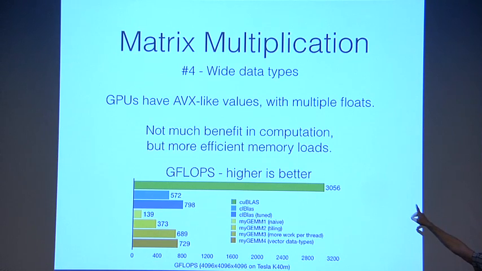It doesn't give a real benefit in computation. They're already launching sort of AVX-like multiplies on the compute because of the way that GPUs work in this SIMD fashion. But it is a little bit more efficient for memory loads because it knows that it's adjacent, things like this. So it gives a small benefit.